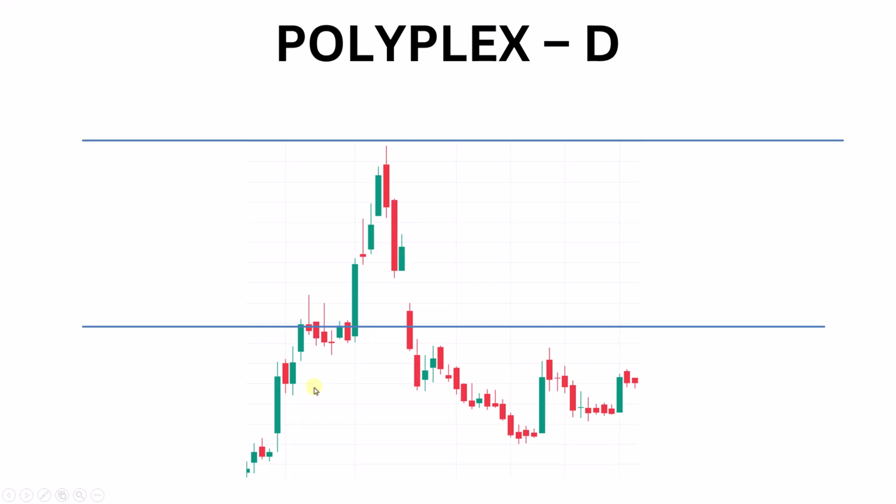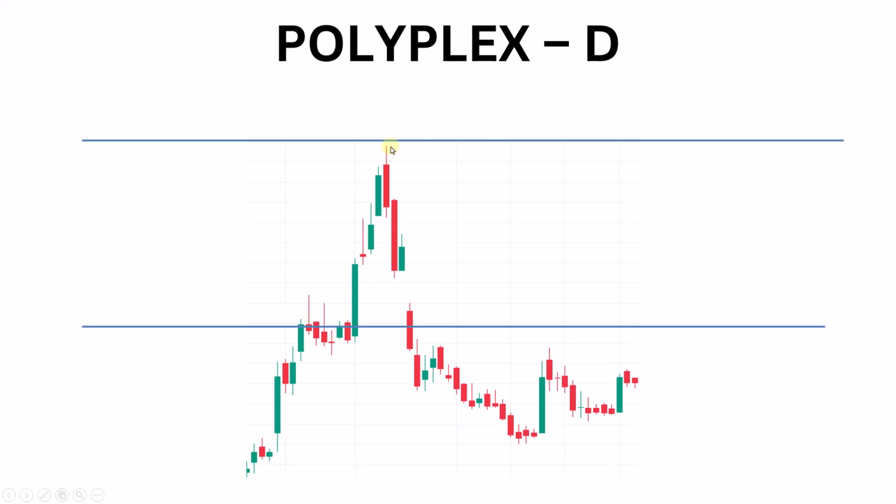Now to understand the psychology of a dark cloud cover: price was moving up, and the bulls or the buyers were in control. Then suddenly price opens gap up. Once again, bulls or buyers are happy, but then they were not able to take the price above this level.